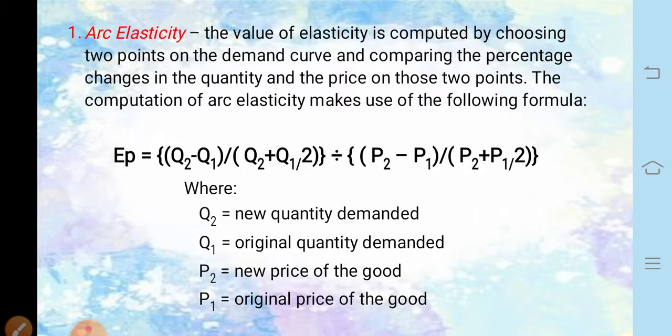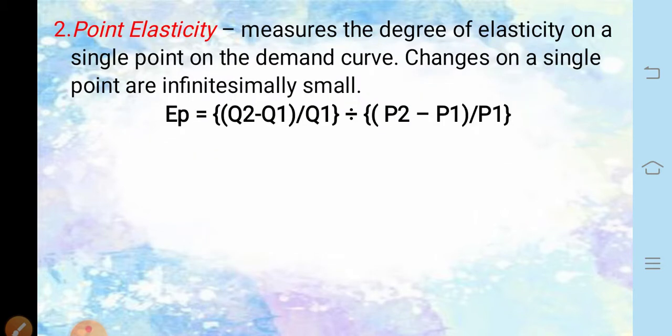Okay. The P sub 2 is that the new price of the good, and then the P sub 1 is the original price of the good. Just like for example, if the price is 10 pesos, therefore the P sub 1 is 10 pesos. If the 10 pesos will change into 12 pesos, therefore 12 pesos is the P sub 2 or the new price of the good.